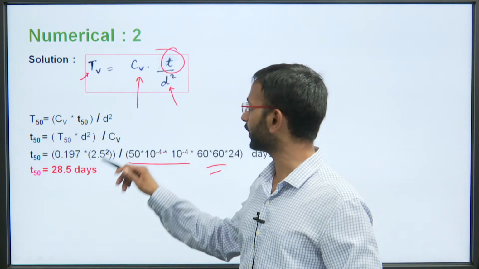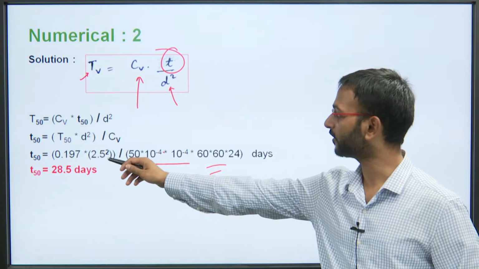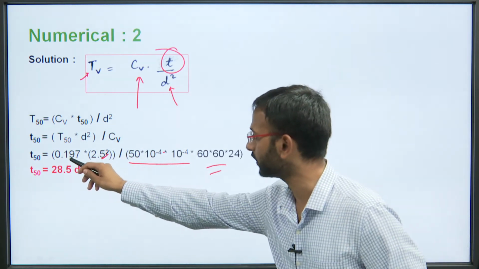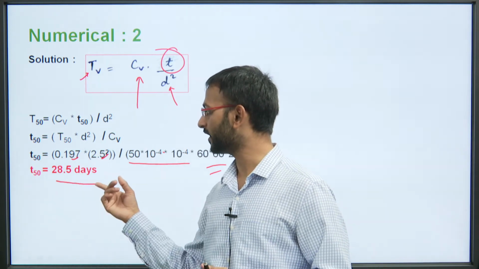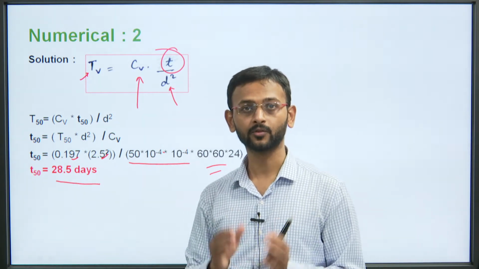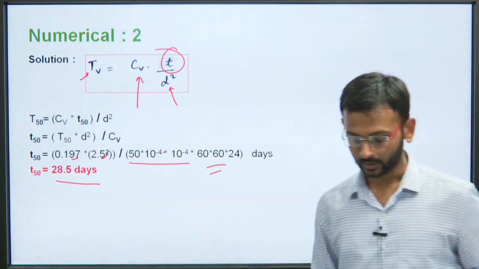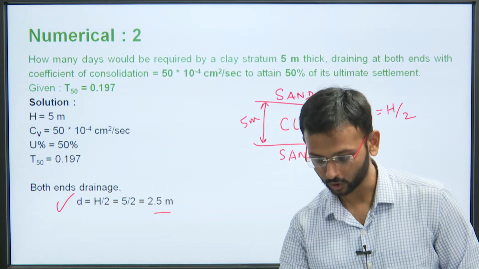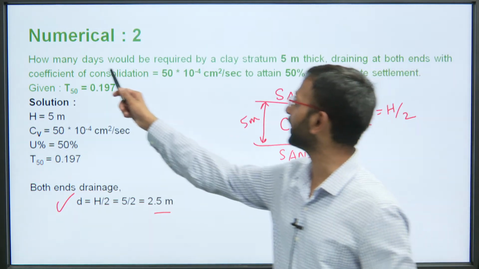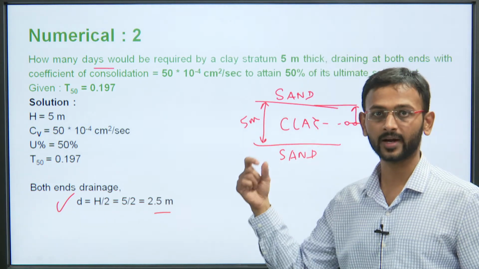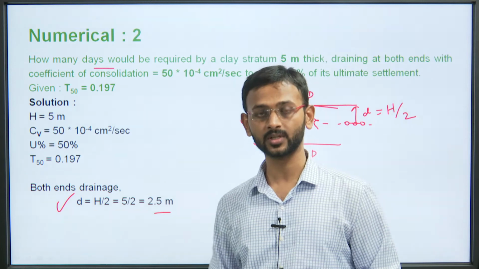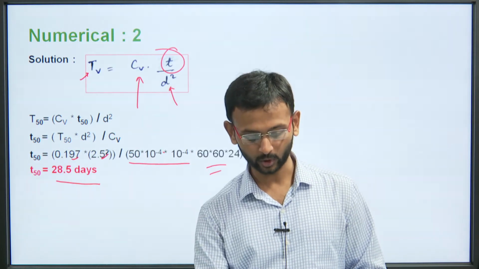D you already know, it was given to you as 2.5 here, and this Tv is 0.197. So it comes out that in 28.5 days the consolidation will be 50% complete. So this was what was asked there, that how many days would be required by this clay stratum which was 5 meters thick and draining at both the ends to be 50% settled. So it comes out to be 28.5 days.